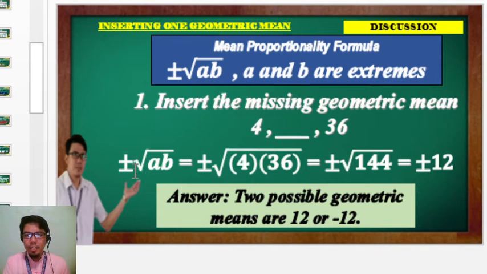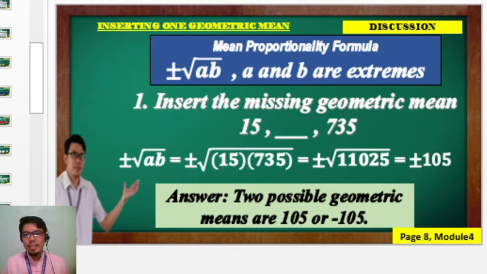Using the formula positive negative square root of AB, that is positive negative square root of 4 times 36, or positive negative square root of 144, and the square root of 144 is 12. So therefore, there are two possible geometric means. And what are those? Positive 12 or negative 12.